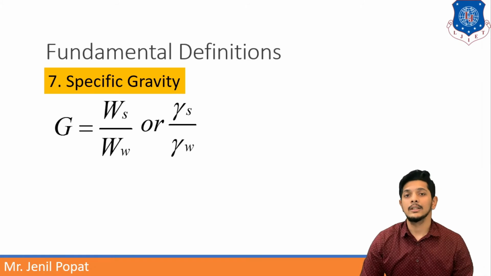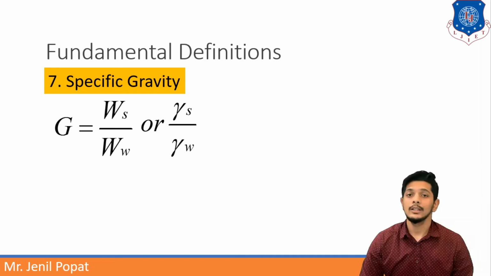Specific gravity G can be defined as the weight of soil solids of a given volume to the weight of distilled water of the same volume, and it is also denoted by gamma s upon gamma w. Specific gravity is a unitless quantity. It is written as 2.5, 2.7, etc.